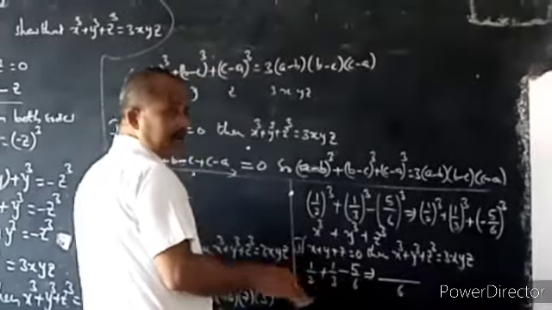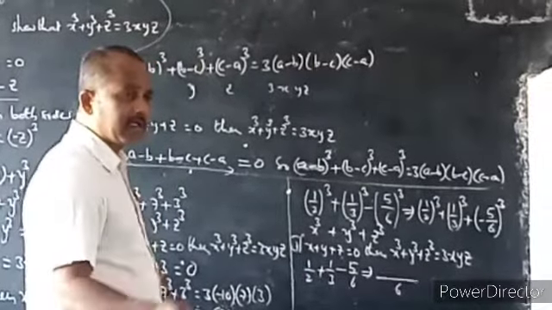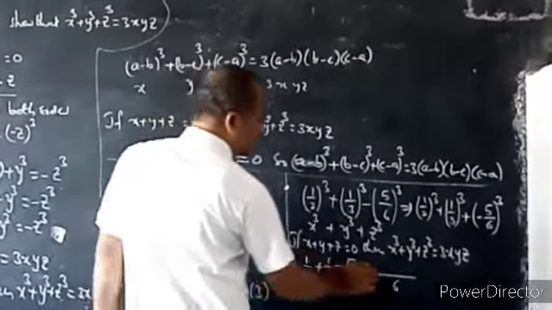When 2 divides 6, it gives quotient 3. 3 into numerator, that is 3.